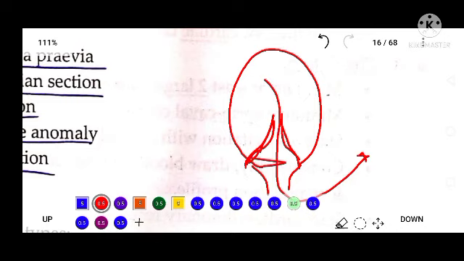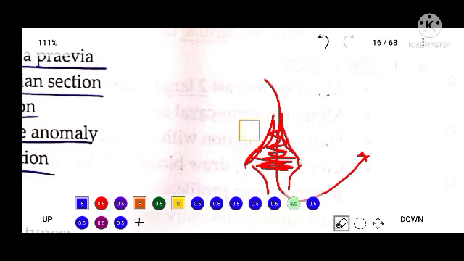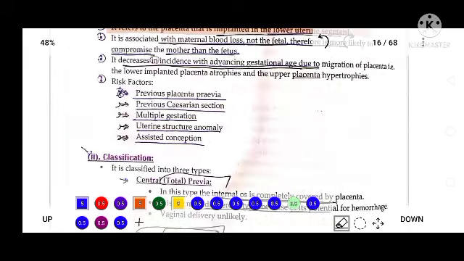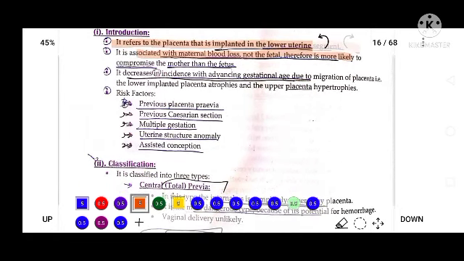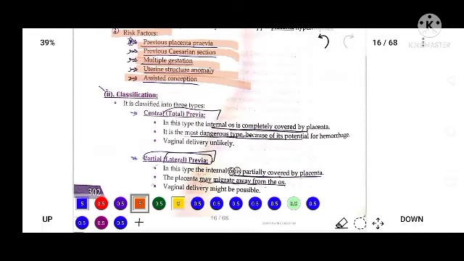But when the placenta is implanted here, that blocks the delivery pathway of the baby, and that condition can create problems. That condition is known as placenta previa, associated with maternal blood loss. And when blood is lost, the mother will develop hypoxia, hypovolemic shock, and multiple problems can arise. Risk factors are previous placenta previa, previous C-section, multiple gestation, uterine structural anomaly, and assisted conceptions.